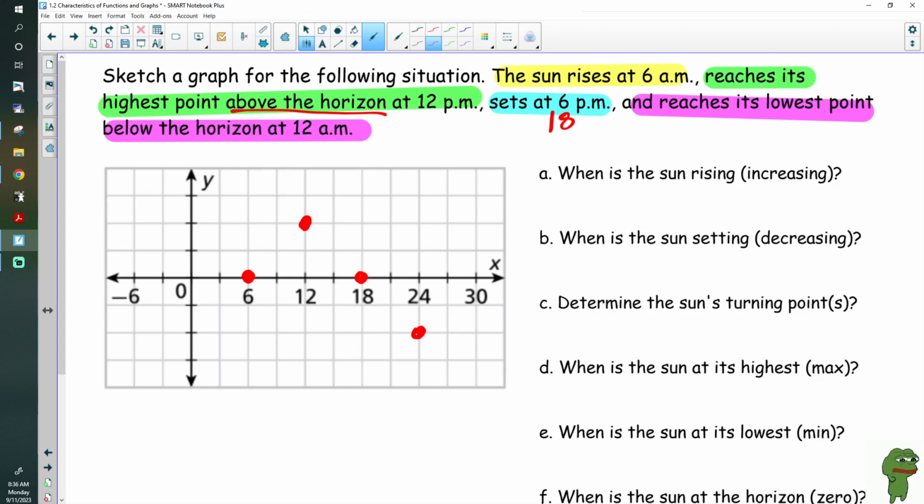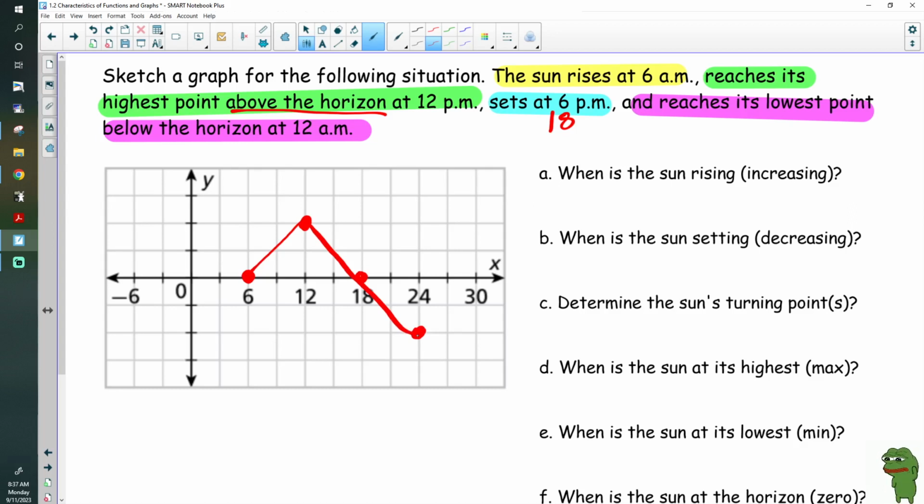And now what should I make sure I do? Connect them, yes, exactly. Our sun doesn't just flash 4 times a day. You know, it rises and it falls. So there's our sun.